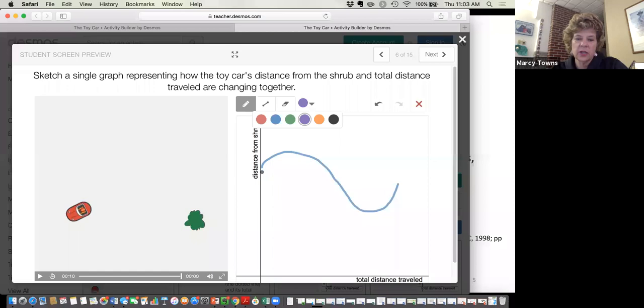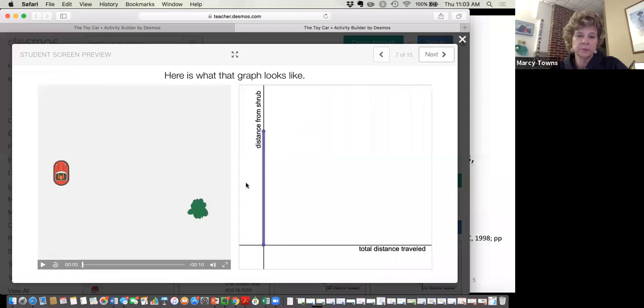So I could change what color I wanted to put on there if I wanted to. And what she is able to see is a whole classroom's worth of graphs from different students.